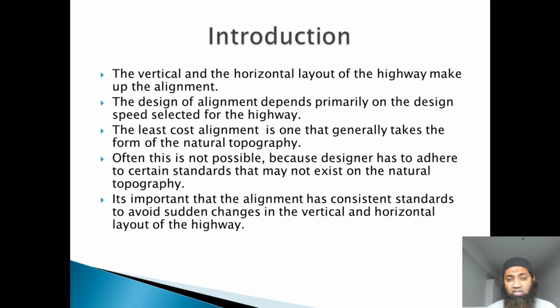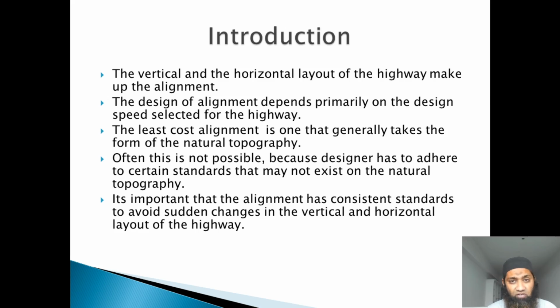You can't just suddenly give a turn, because, as we have seen in the horizontal alignment, when a vehicle is traveling on a plain terrain and comes across a horizontal curve, a centrifugal force is developed. At those places we have to reduce that centrifugal force, which we had seen in the previous class.